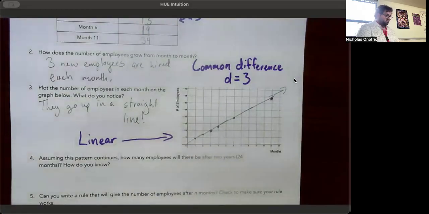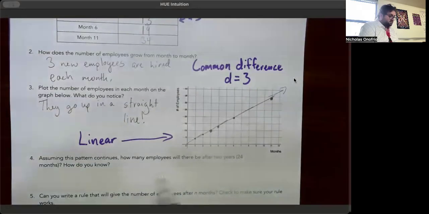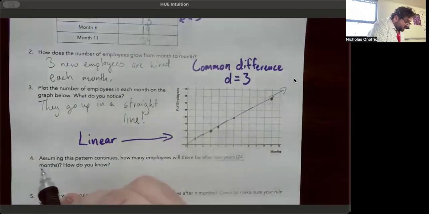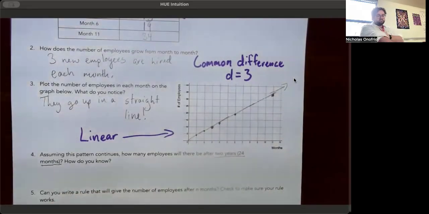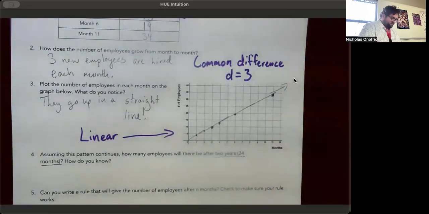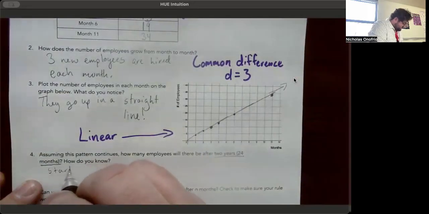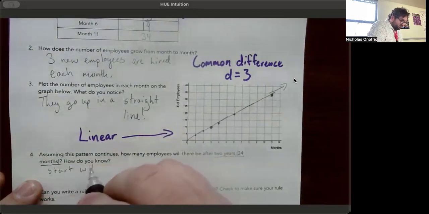Now, question 4 is kind of interesting. Assuming the pattern continues, how many employees will there be after 2 years or 24 months? How do you know? Now, some of you might have handled this a couple different ways. Some people might have said, okay, I know I start with 4 employees.